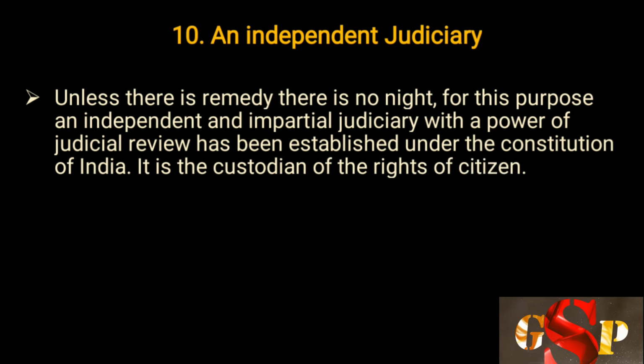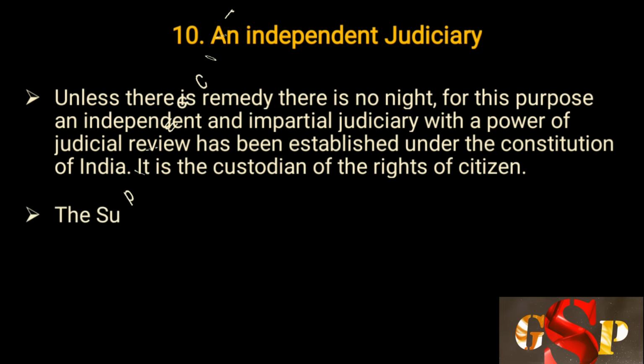Independent judiciary. There is a very simple rule: unless there is a remedy, there is no right, because a right without a remedy is of no use. For this purpose, an independent and impartial judiciary plays a very important role, and the most important power is judicial review, which is established under the Constitution.